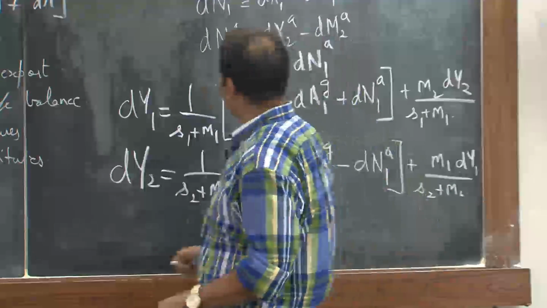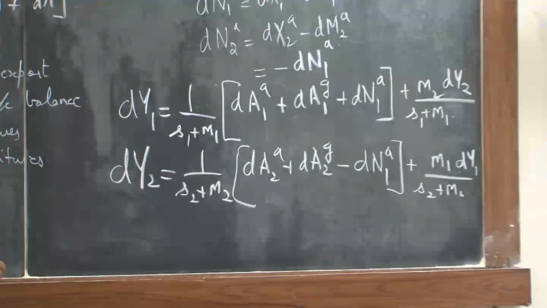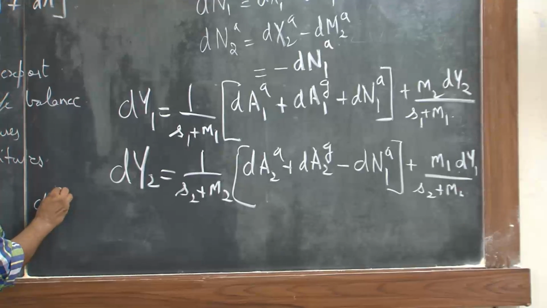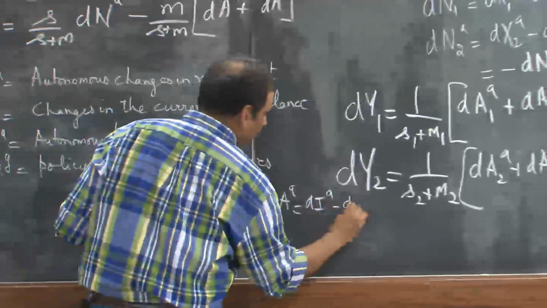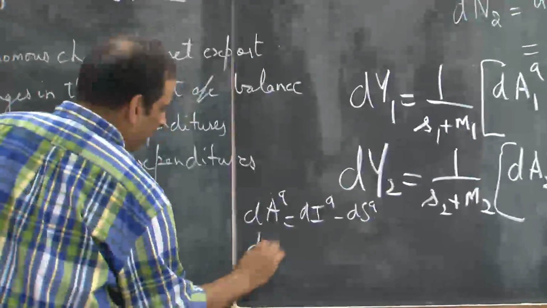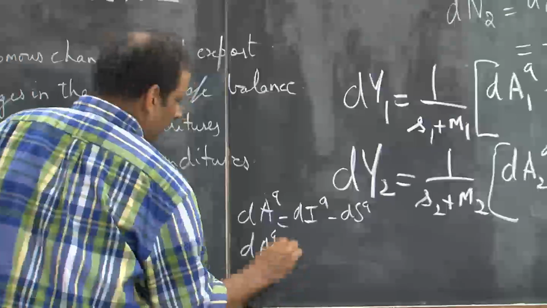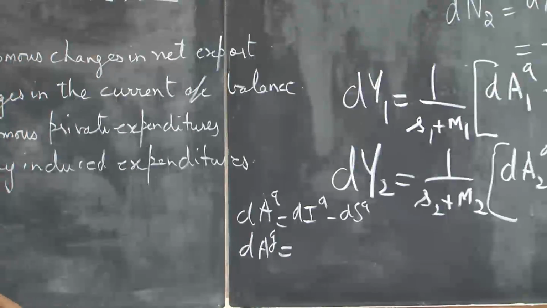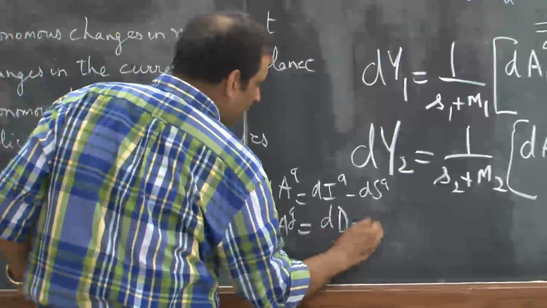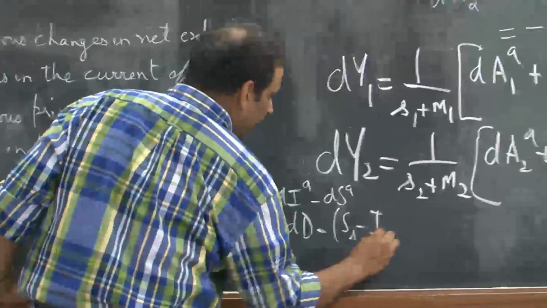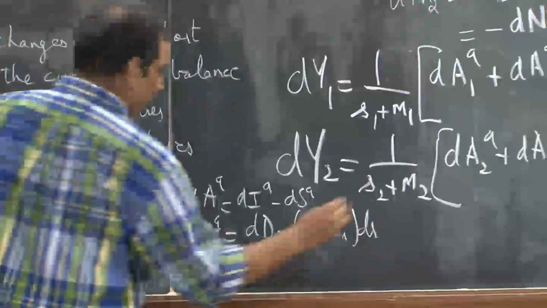Please recall that your dAA is dIA minus dSA, and dAG, which reflects the fiscal and the monetary policy of the government, is dD minus SR minus IR dr.